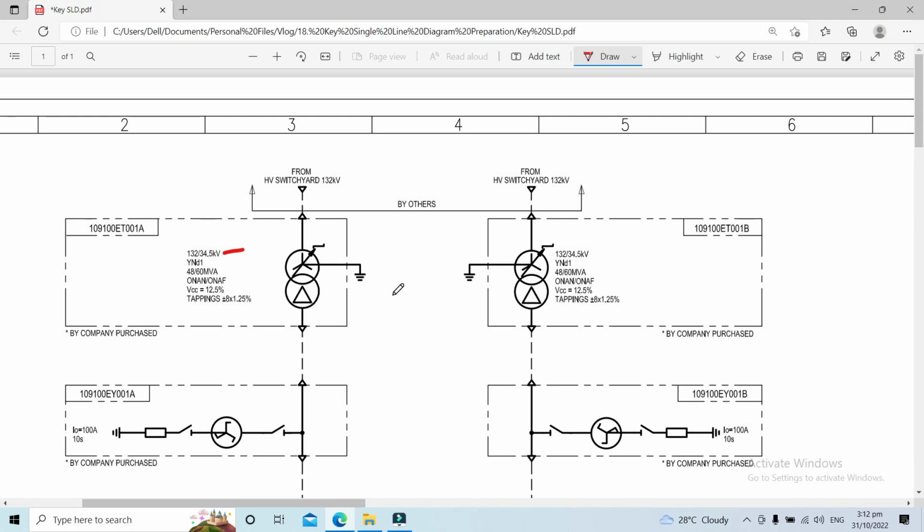That is one of the reasons, because in delta connection, the third harmonic present in the phase magnetizing current of the three-phase transformer is not present in the line current. The third harmonic components are co-phase and hence cancel out in the line current.